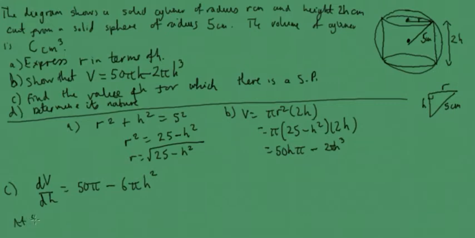At the stationary point, dV by dh will be 0. So we'll have 50 pi minus 6 pi h squared equal to 0. So h squared will be 50 pi over 6 pi, or h will be 5 root 3 over 3.